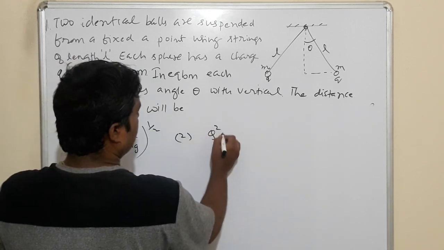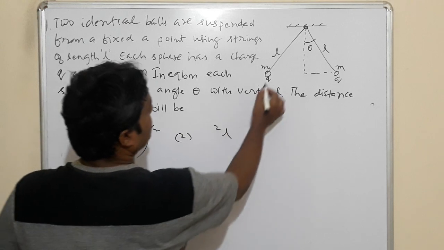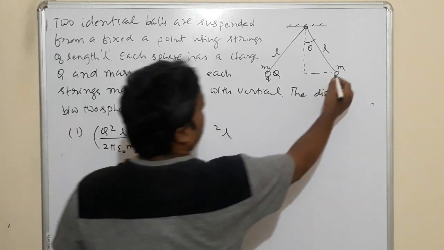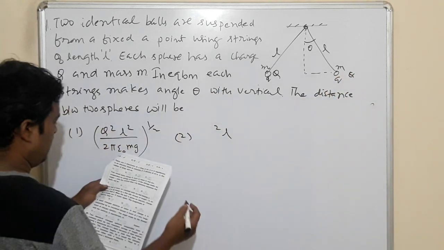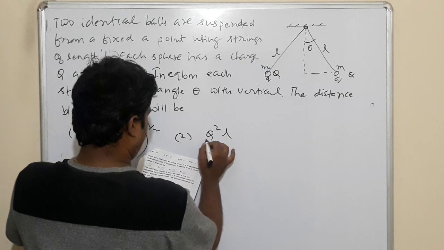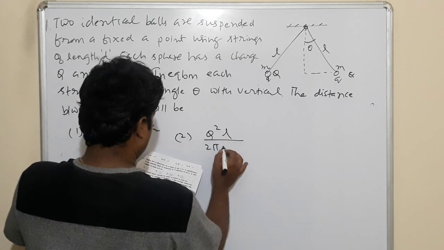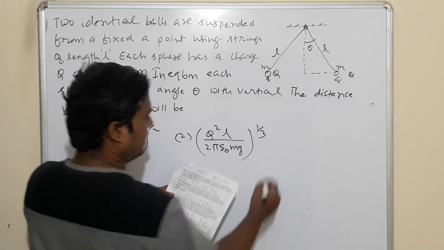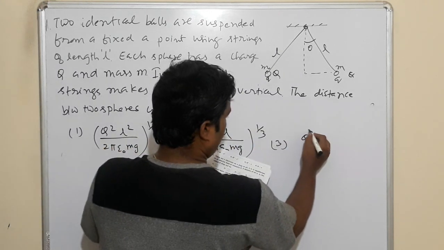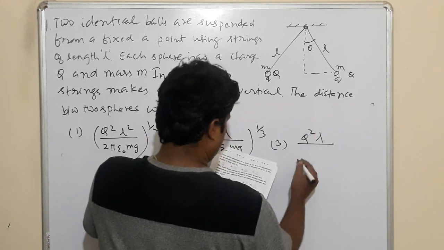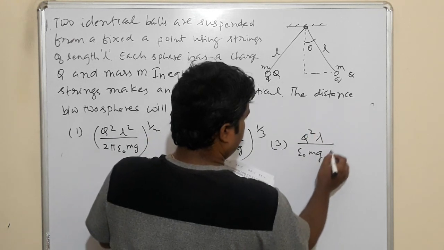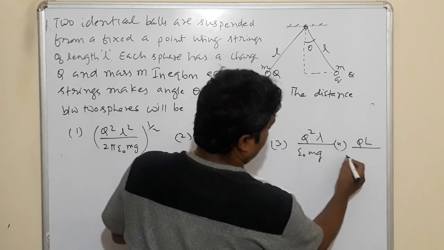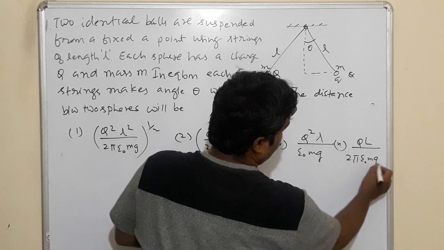Second, q square L. Q is the charge on each sphere. Here I have written small q, take it as capital Q in the options. Then q square L divided by 2 pi epsilon naught mg, raised to 1 by 3. Then this is q square L divided by epsilon naught mg. Fourth option is QL divided by 2 pi epsilon naught mg.